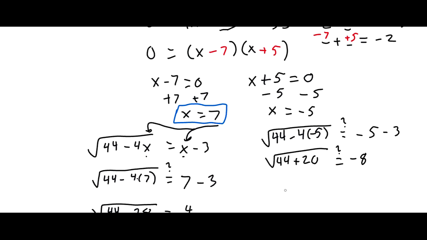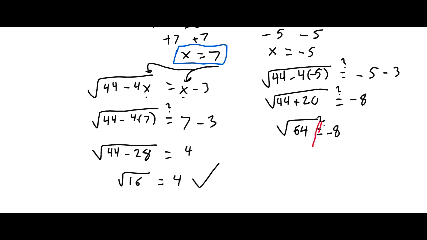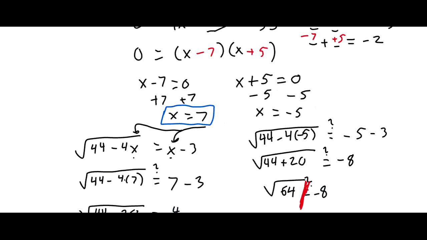Well, does the square root of 64 equal negative 8? No, it doesn't. Square root of 64 is a positive 8, not a negative 8. So what does that mean? That means that x equals negative 5 is not an answer. So the only answer that works for this problem is x equals 7.